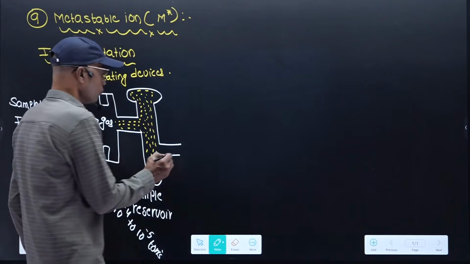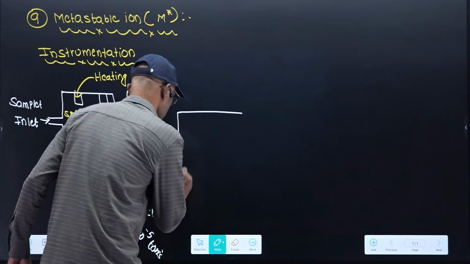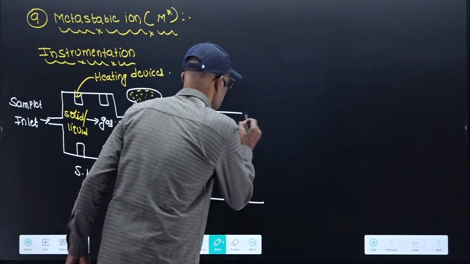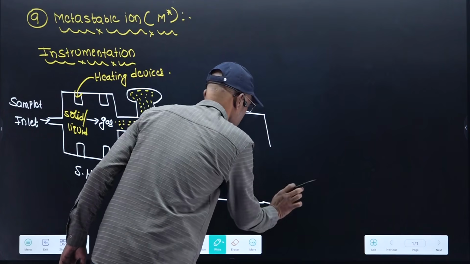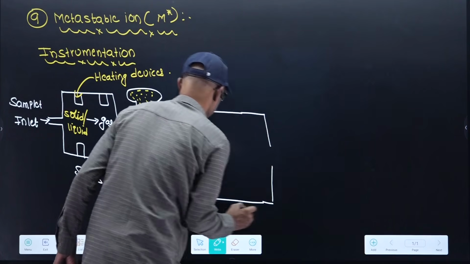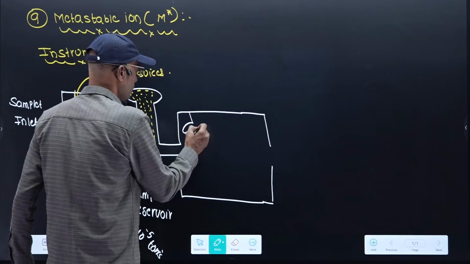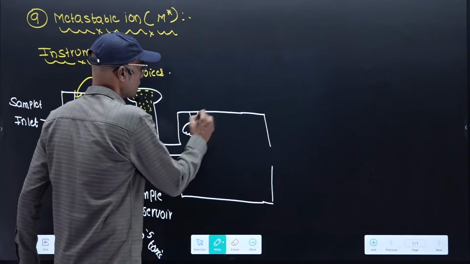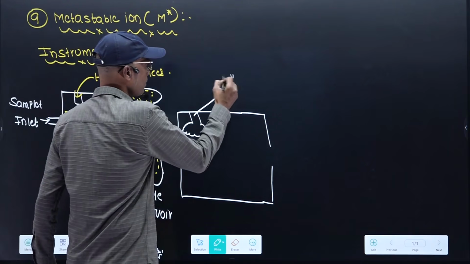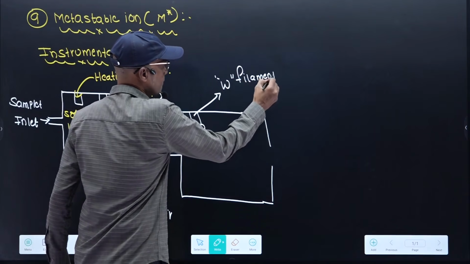Okay. Now once it enters the ionic chamber, this is called the ionic chamber. Most important one. The ionic chamber is the key instrumentation over here. So this is a tungsten filament.